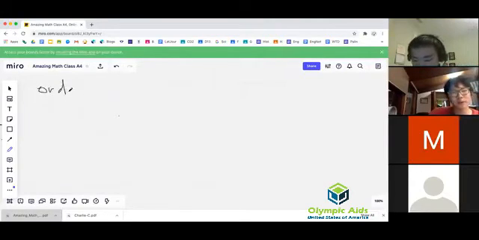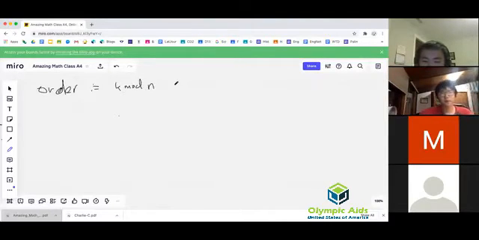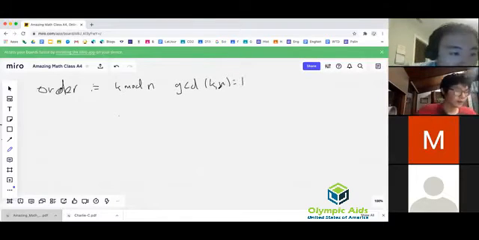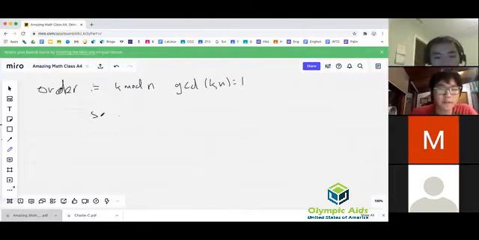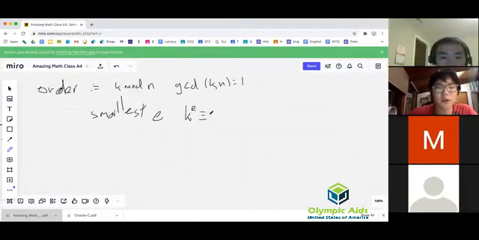It's not very important right now, but the order of k mod n, this is how we'd say it, is, well, first of all, you need gcd(k, n) equal 1, or else you can't really define it. And then it's just the smallest e such that k to the e is equivalent to 1.